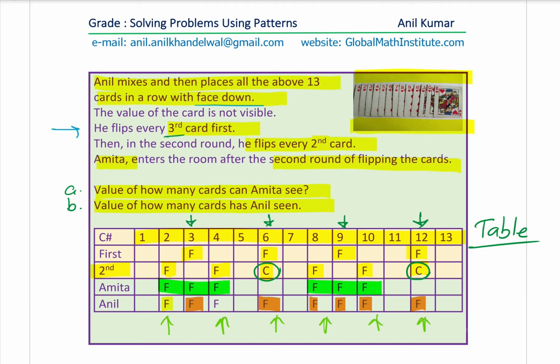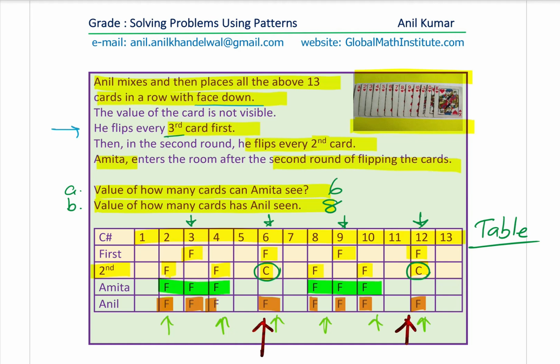So there were 2 additional cards which Anil saw, and those 2 cards are these ones, correct? Because they were flipped twice, Amita could not see. Does it make sense to you? So 2 extra cards Anil could see. So from here we know our answer. Amita saw 1, 2, 3, 4, 5, 6 cards, and Anil saw 2 additional, that means 8 cards.